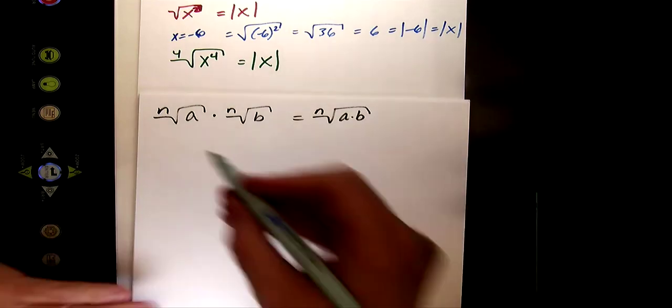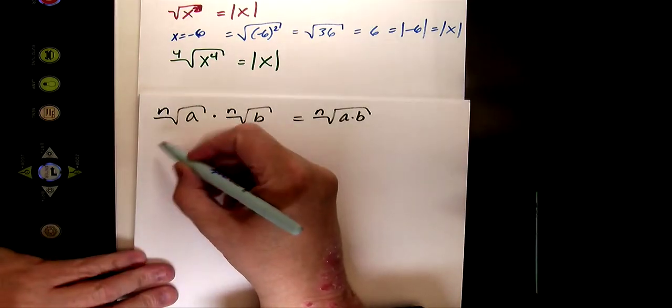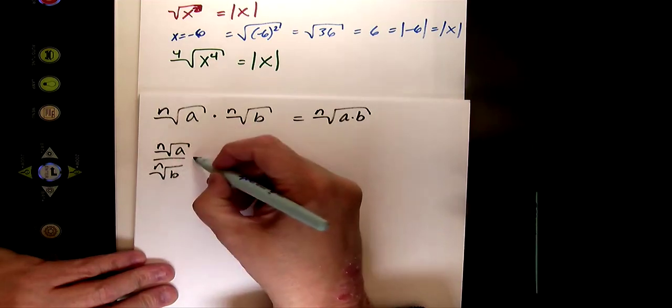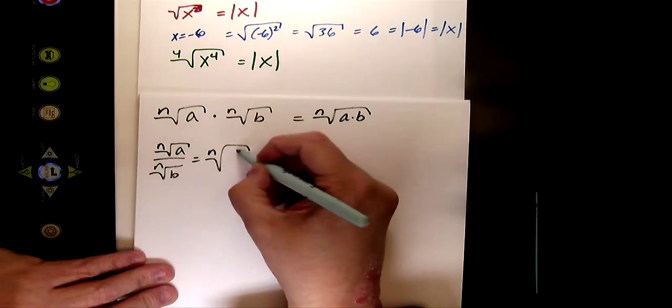The same holds true with division. The nth root of a divided by the nth root of b is the nth root of a over b.